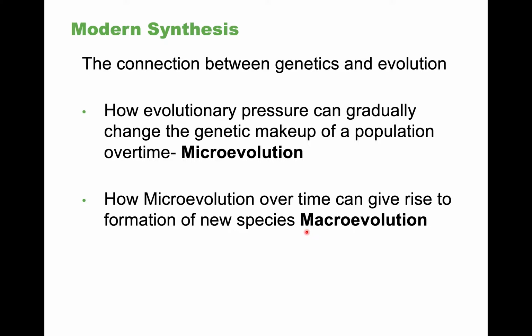However, at a macro level, answering the question of how new species form, we call it macroevolution. So the idea is that successive microevolution events happening in a population eventually lead to the formation of new species, which is called macroevolution.